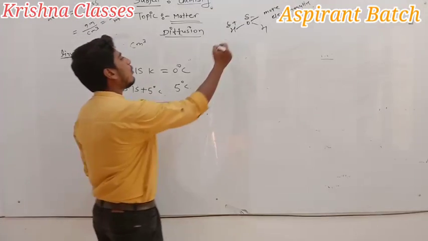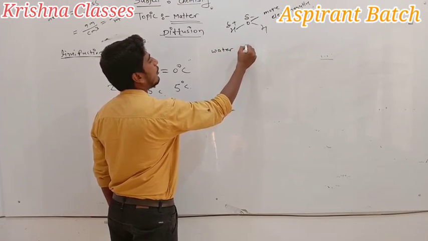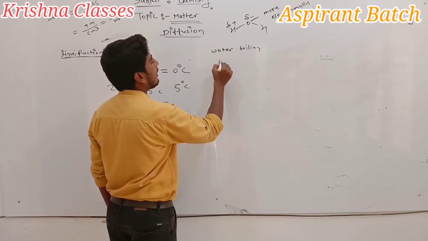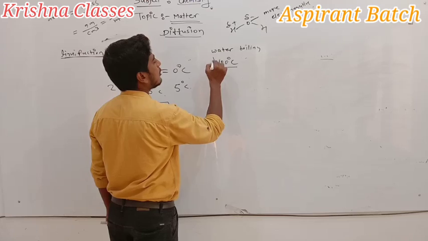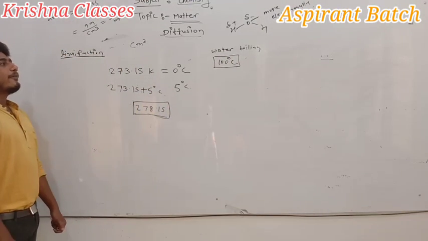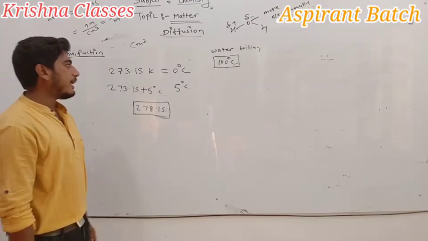Suppose we have water, and we know that the boiling point of water is 100 degrees Celsius. This is the common thing. At 100 degrees Celsius, liquid water is converted into vapor.